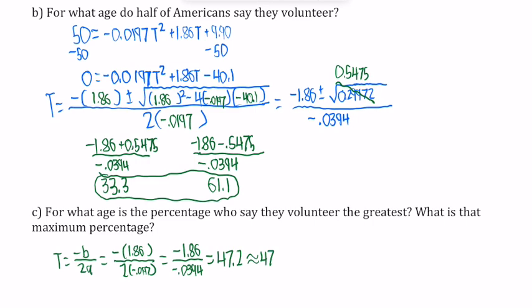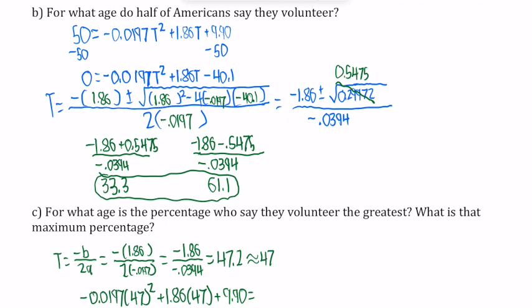So now we'll take this and plug that into our function, giving us negative 0.0197 times 47 squared plus 1.86 times 47 plus 9.90.